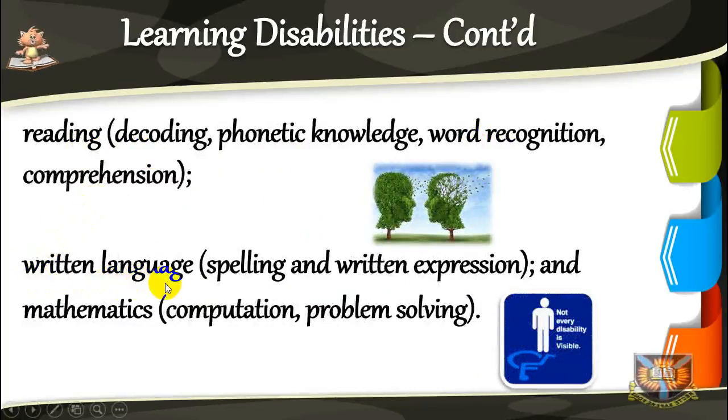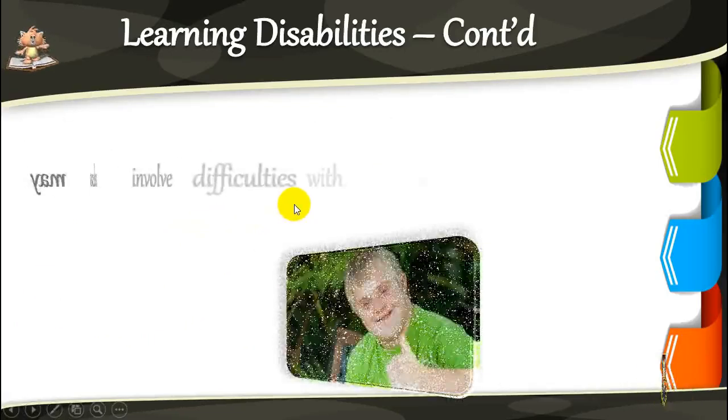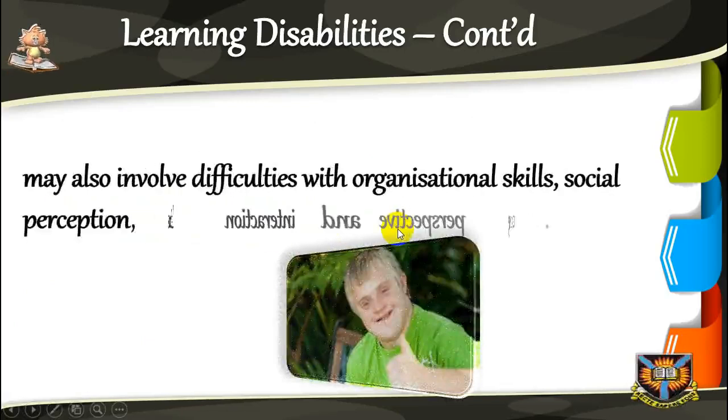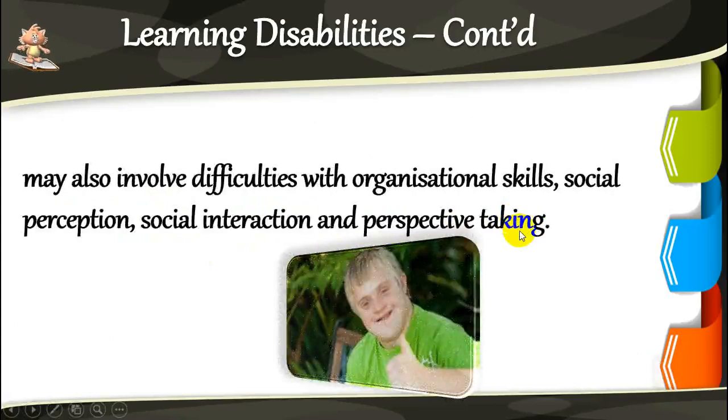Written language, e.g. spelling and written expression. And 4. Mathematics, e.g. computation, problem solving. Learning disabilities may also involve difficulties with organizational skills and social perception, social interaction, and perspective taking.